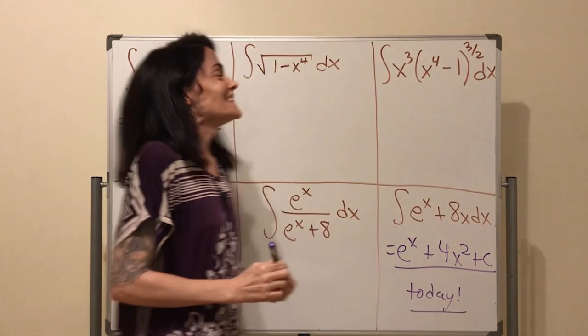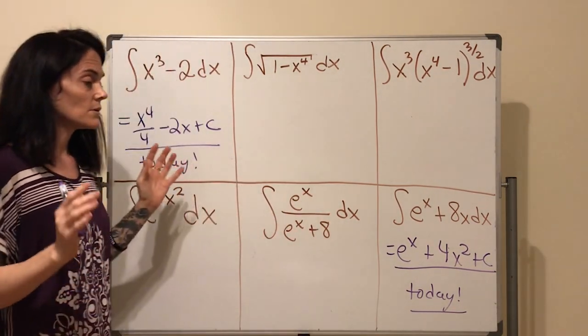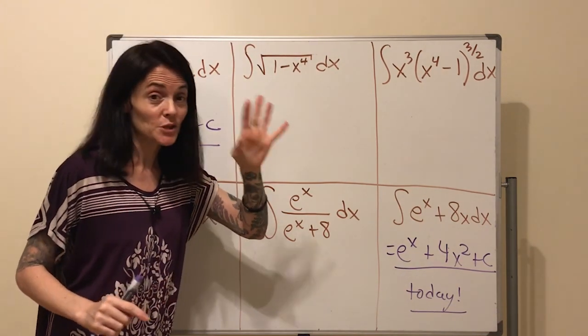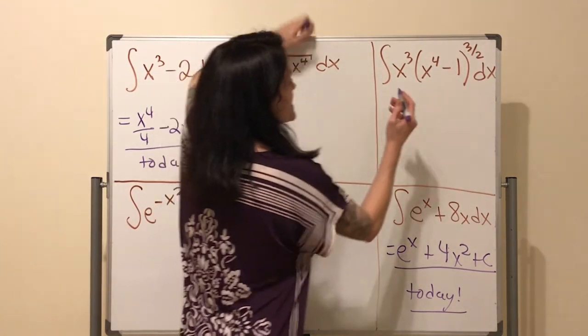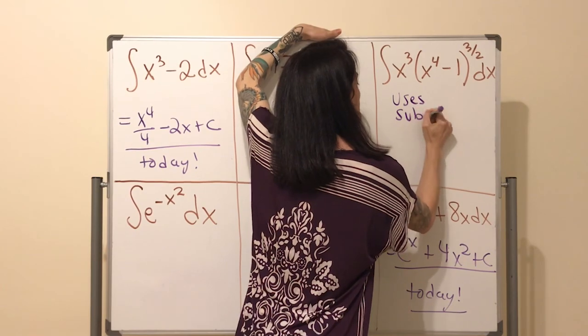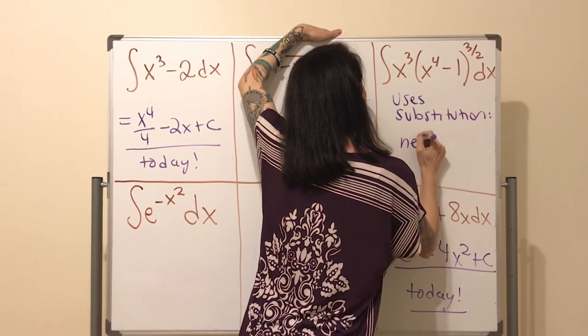Okay? Well, now there's 2 left in each row, and 1 in each row remaining we will do next time. So I'll just say it's this one. This uses what's called substitution. And this is next time.